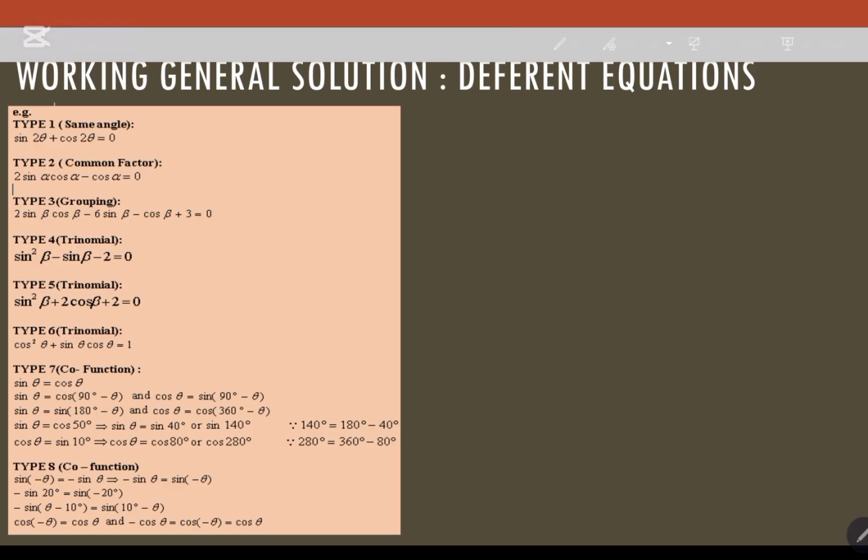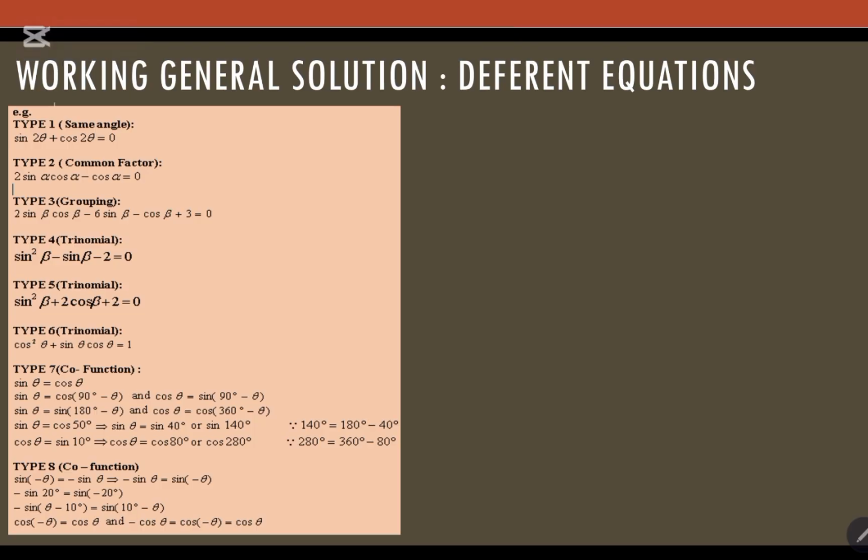In type 1, we are given sine 2 theta plus cos 2 theta equals 0. So this is the equation. You can transpose the cos 2 theta. You have sine 2 theta equals negative cos 2 theta. And from here, divide both sides by cos 2 theta. And therefore, this gives you negative 1. You've got tan 2 theta equals negative 1.